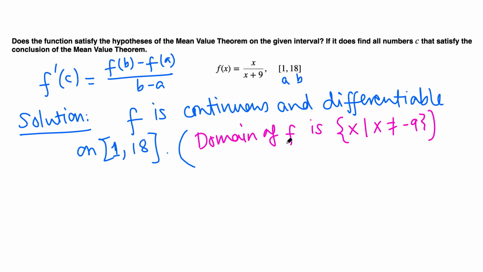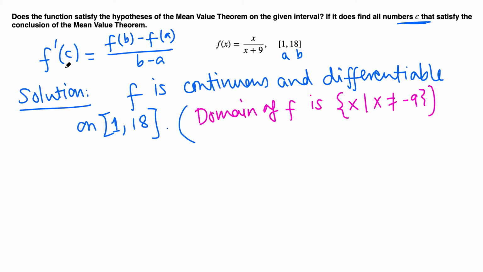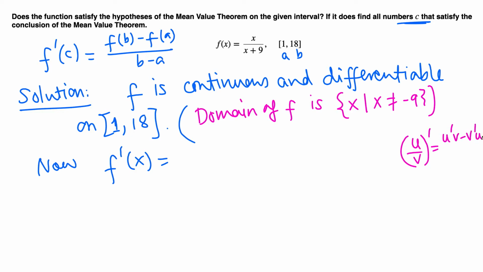And now we want to determine c. So we want to find the derivative first. The derivative of the function, so we are trying to determine the slope of the tangent line. So it's a rational function. When we have a fraction u over v, its derivative is u prime v minus v prime u all over v squared. So I'm going to apply this quotient rule.